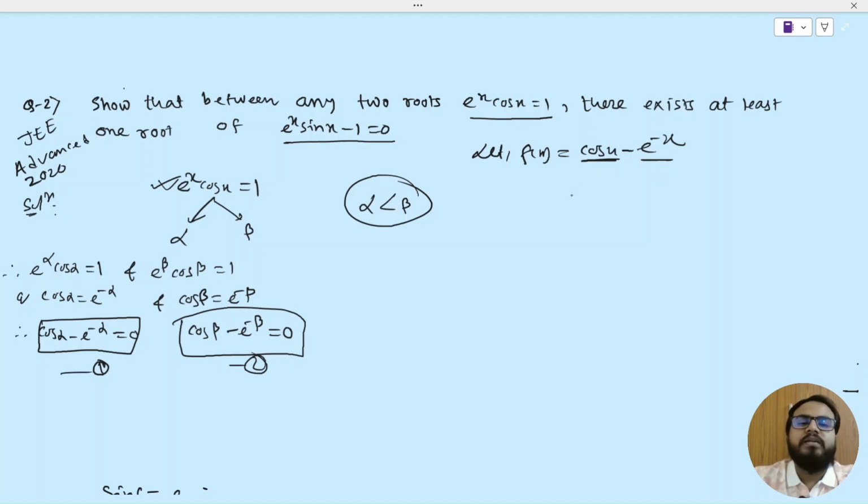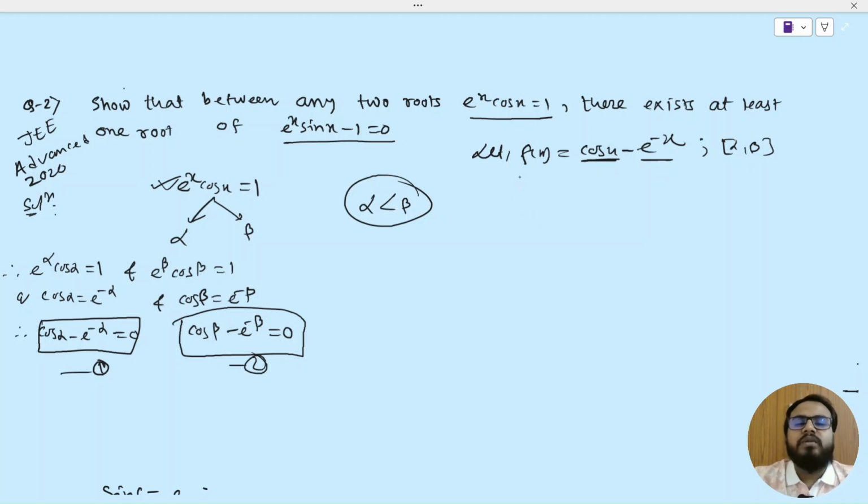Thus, f is continuous on the closed interval [alpha, beta] and differentiable on the open interval (alpha, beta). Thus, f satisfies the first two conditions of Rolle's theorem.